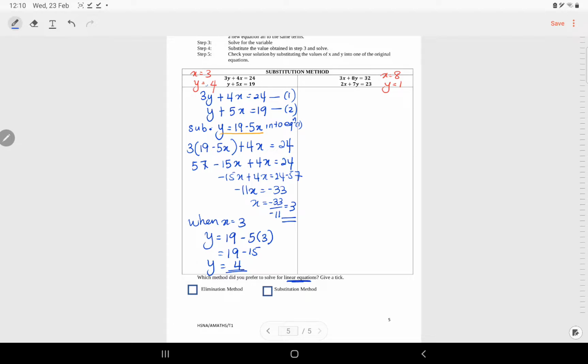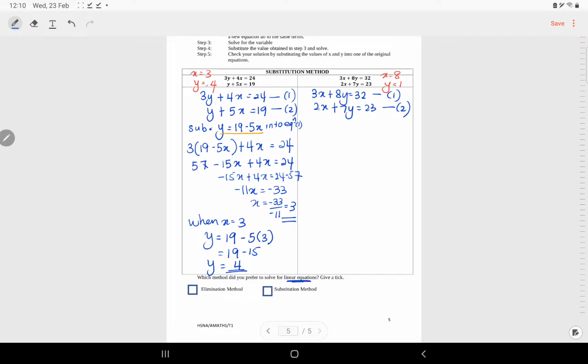Later on when we look at non-linear equations, definitely substitution is the method. So now, let's do the simultaneous equations. 3x plus 8y equals 32, first equation. 2x plus 7y equals 23.